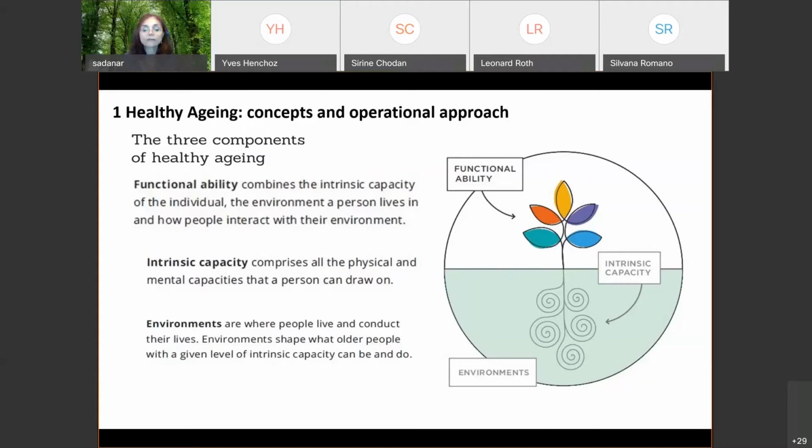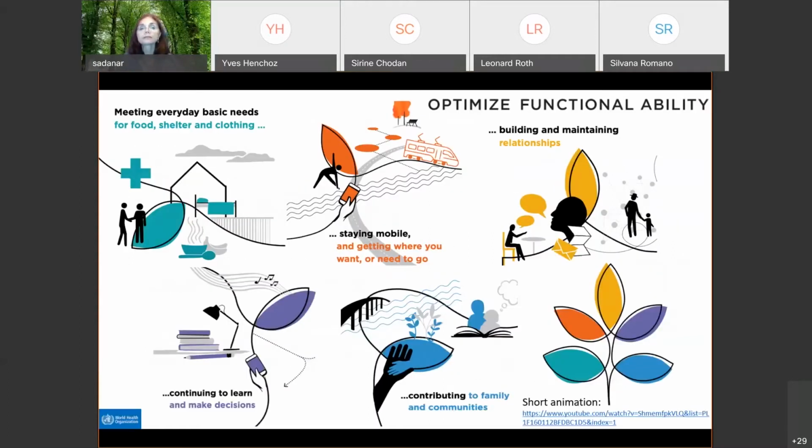And for functional ability, what we have identified in discussions with older adults and literature reviews is that there are 5 major areas, you could consider them as domains, that are relevant for older adults to optimize, as these are the areas that if they have the ability or the opportunity to optimize these areas, then they can actually be and do what they value.